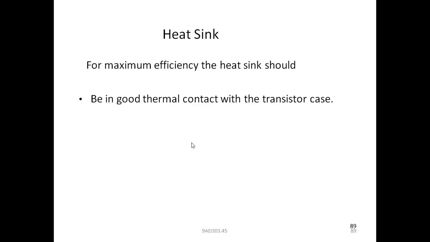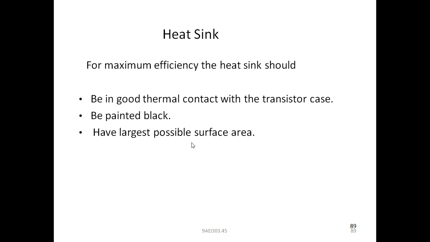For maximum efficiency, the heat sink should be in good thermal contact with the transistor case. The contact with the transistor should be good, and the contact with the case should be good. It should be painted black. If it is painted black, then the heat is easily transmitted.